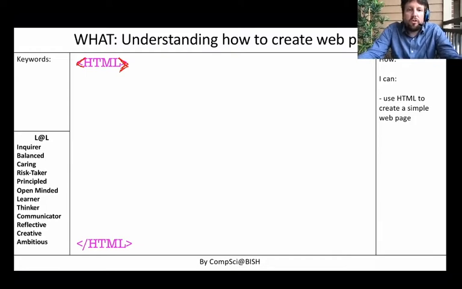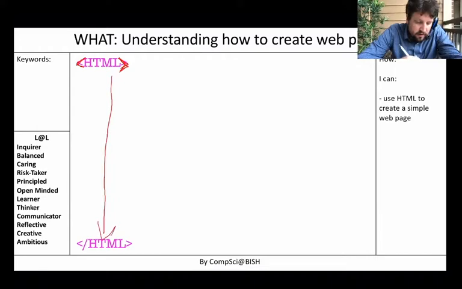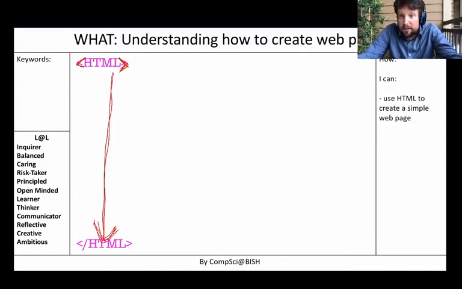Because of that, the computer knows that it's an instruction. This specific instruction just tells the computer that what we're going to create after this is going to be HTML. So we are just telling the computer that we are creating an HTML web page. So the language that we are using is HTML.